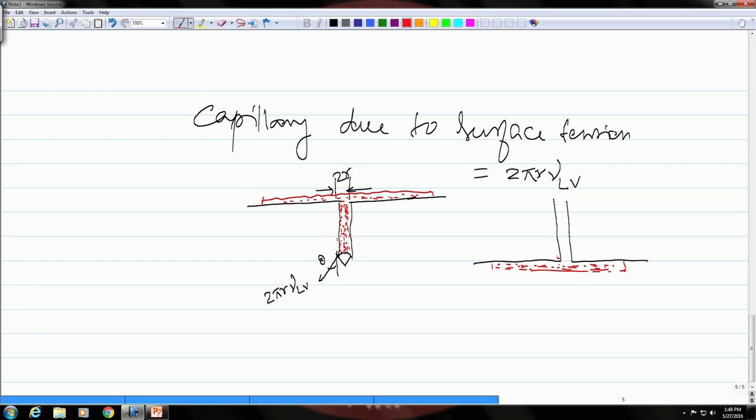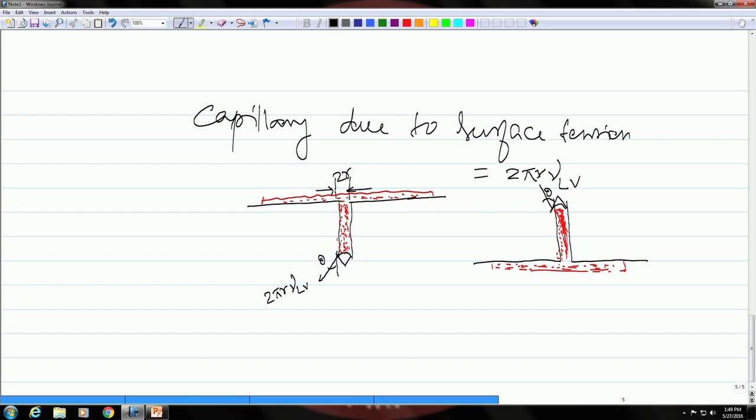So, it will go up, but again this is the same capillary force which is driving this liquid inside the crack. There again you have this contact angle theta. So, this is the capillary force 2 pi r gamma LV.